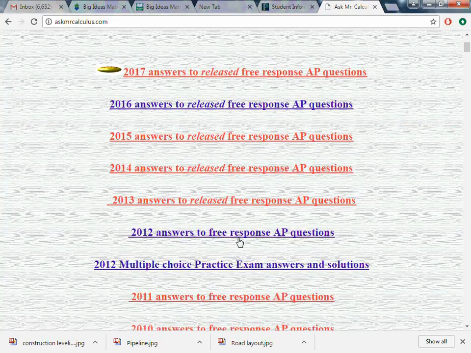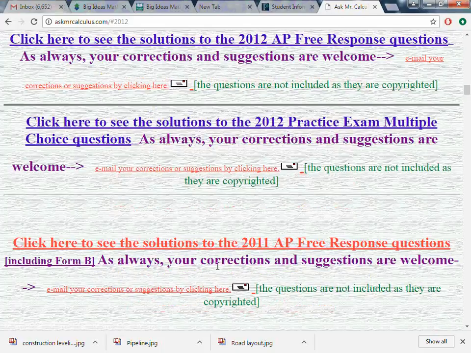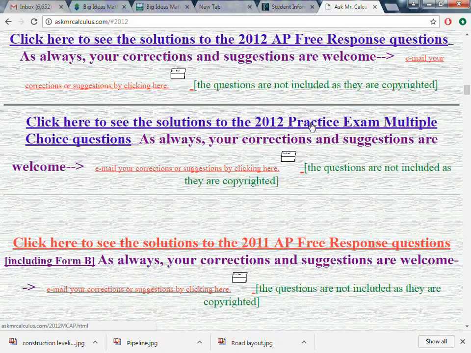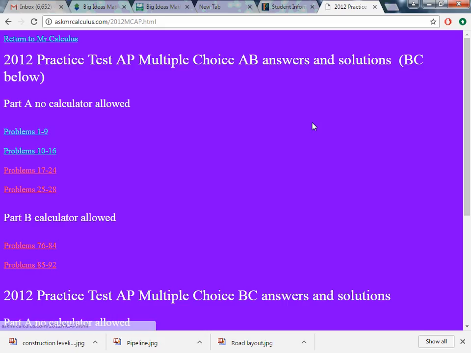There are the answers of free response, but you have those in your packet, so you don't need those. But 2012 multiple choice practice exam answers and solutions. And these are right here, multiple choice answers and solution. And then if we want to do, what was the last one, 84?